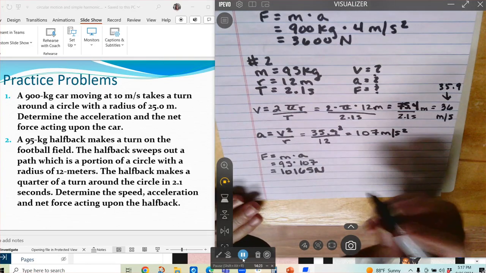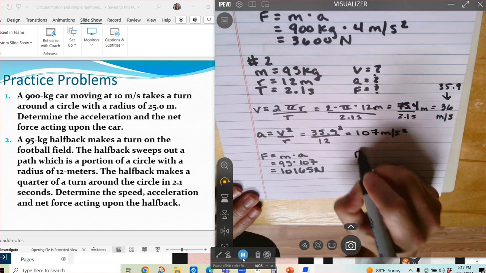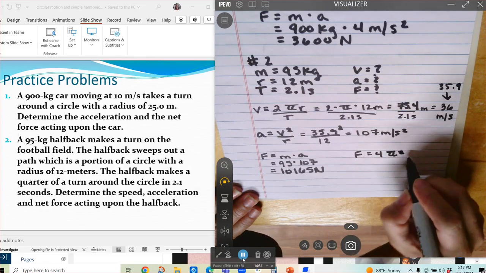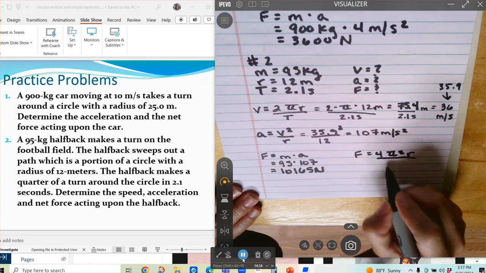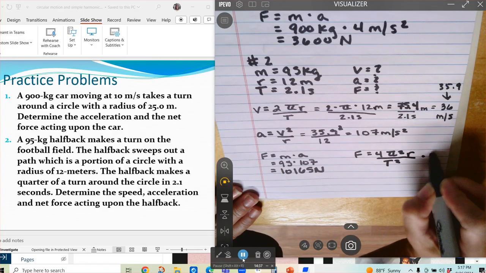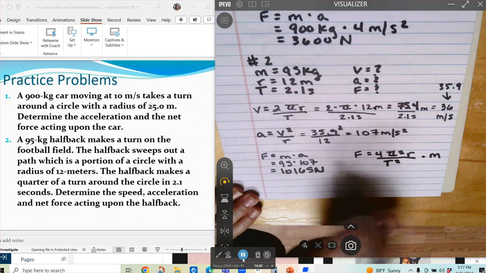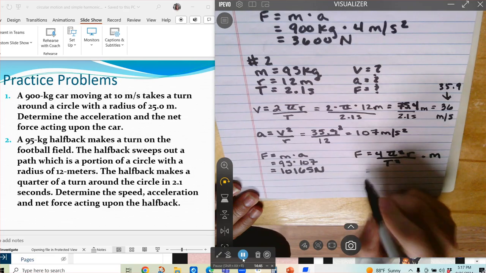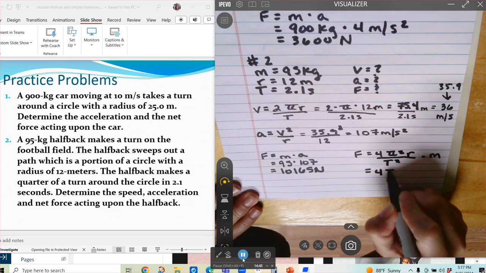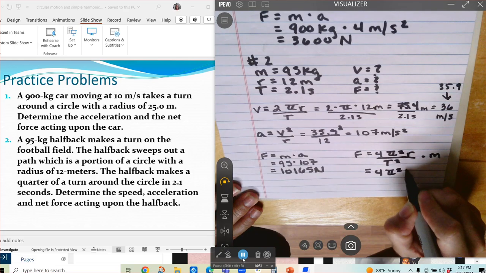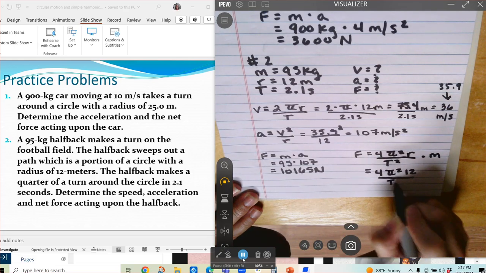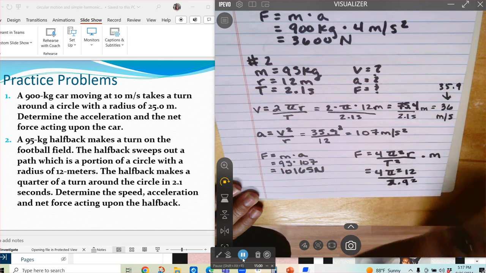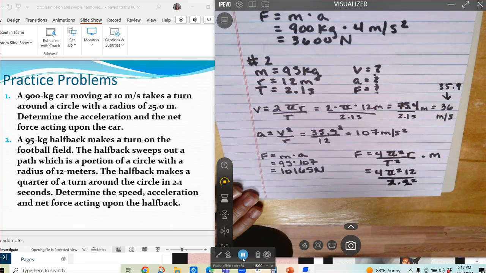So we can also verify this force with our force formula, which is 4 pi squared r over t squared times m. Okay, so these are the same formulas, same force formula. So we're going to go ahead and type in our calculator 4 pi squared times 12 over 2.1 squared.